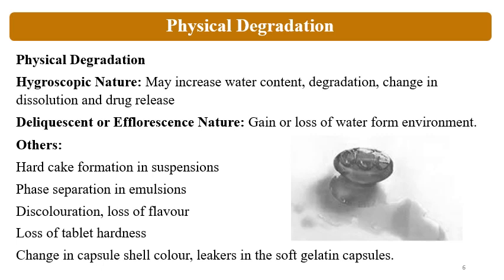Then loss of tablet hardness or increase in the tablet hardness, change in the capsule shell color, and leakage in the soft gelatin capsule. So here you remember that leakage in the soft gelatin capsule is a very challenging type of physical degradation or physical change in the soft gelatin type of formulation.